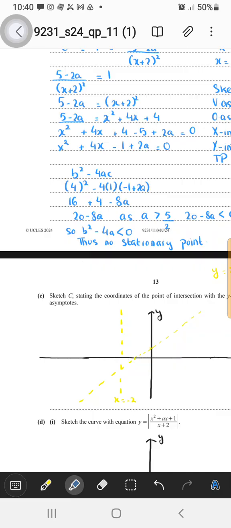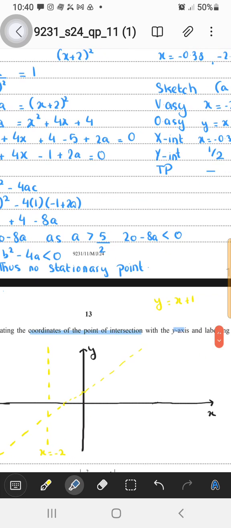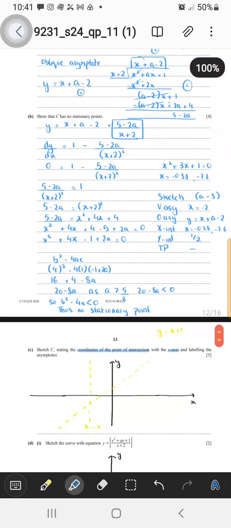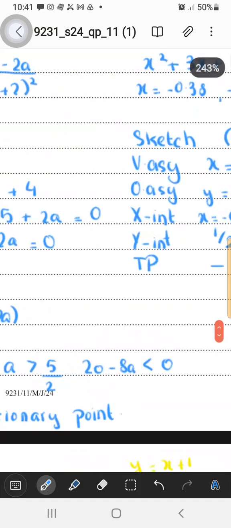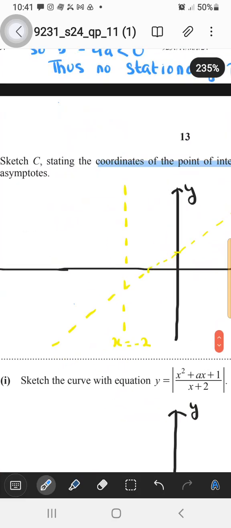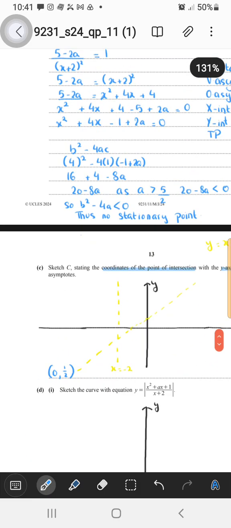The question asks for one more thing: stating the coordinates of the point of intersection with the y-axis. You can see it is not asking for the x-intercept, it is only asking for the y-axis. We found that the y-intercept is 1/2, so we will write (0, 1/2). One mark will be for writing this here.